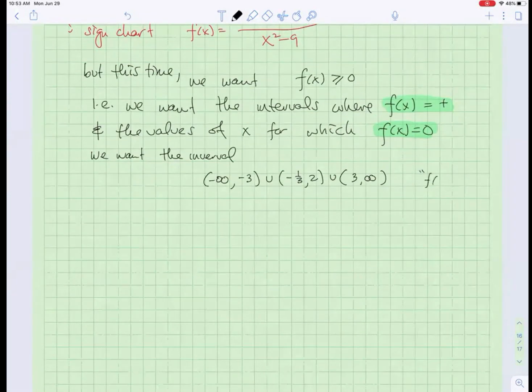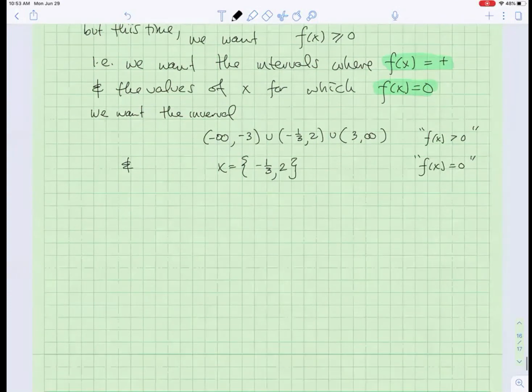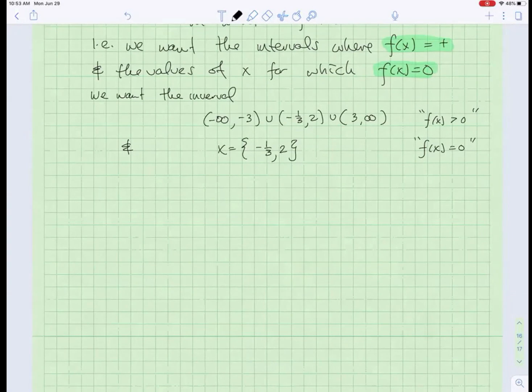That's when f of x is greater than 0, and we want x to be negative 1/3 or 2. That's when f of x equals 0. So we want to include these endpoints.